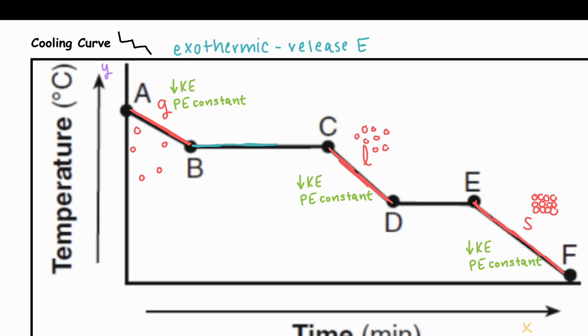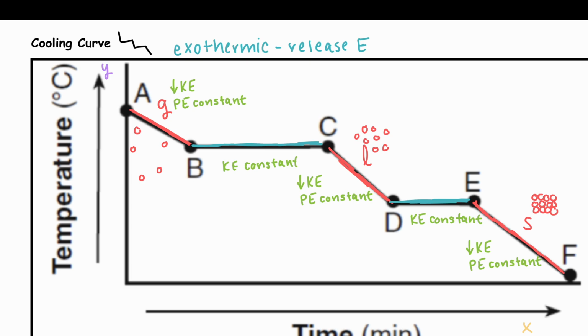Okay, and again, these horizontal lines where temperature is not changing, where kinetic energy is constant, these are going to represent the actual phase changes, the transitions from one state to the next.